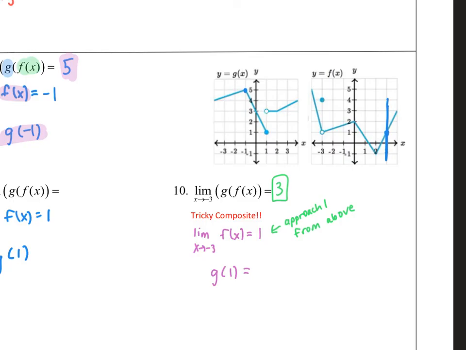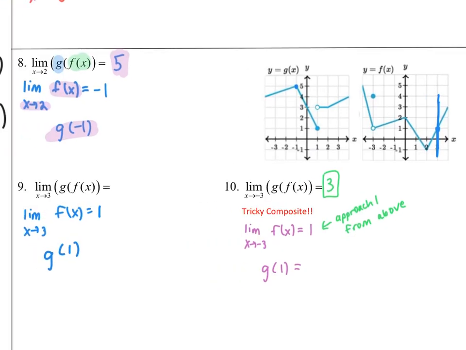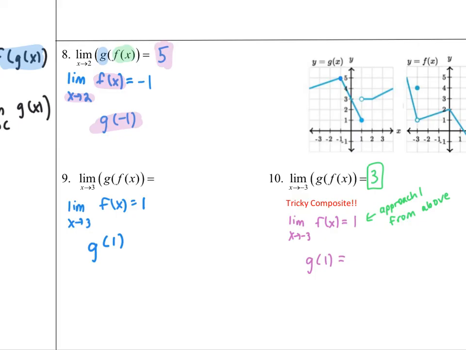On this one, I'm approaching from below and I'm approaching from above, which means our workaround is not going to work. That theorem that we had above, that property is not going to work, which means this answer is a does not exist.